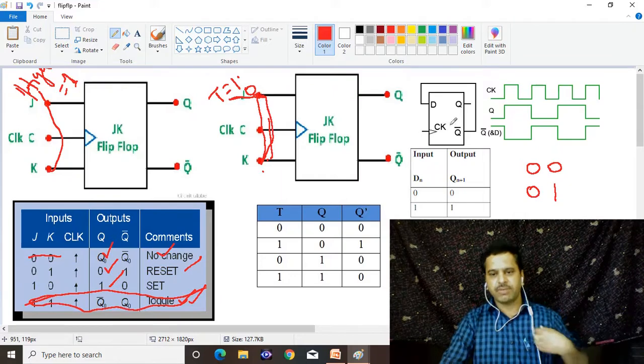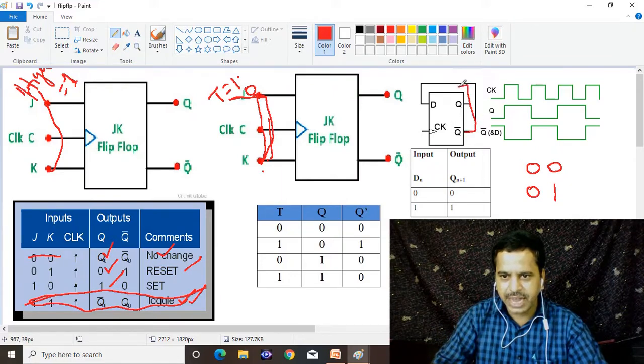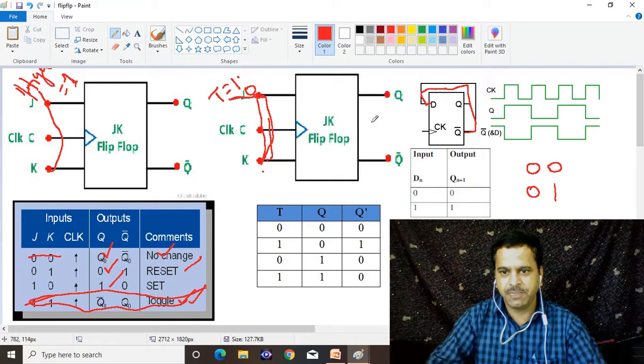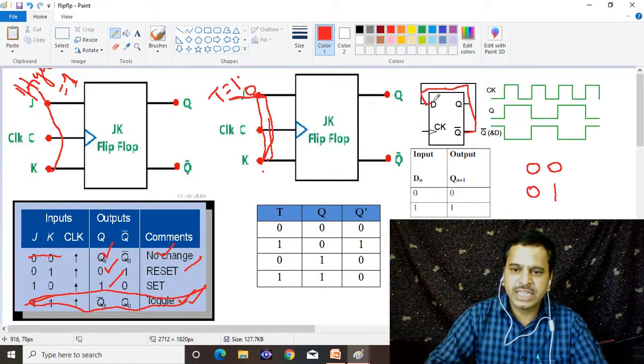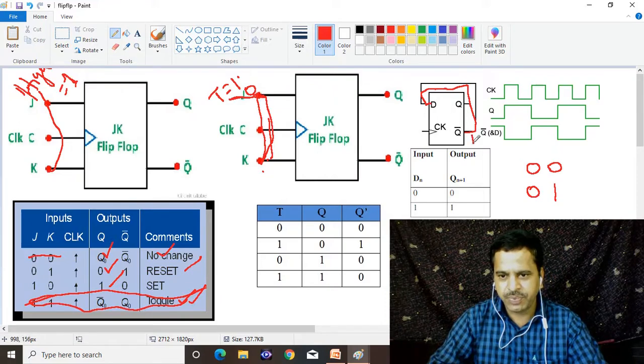In the D flip-flop, the inverted output of the D flip-flop is given back to the D. So every time, the input to the D flip-flop is continuously changing. Here it is 1. When a clock pulse is applied, the 1 appears at the output. When Q is equal to 1, automatically Q bar is equal to 0.